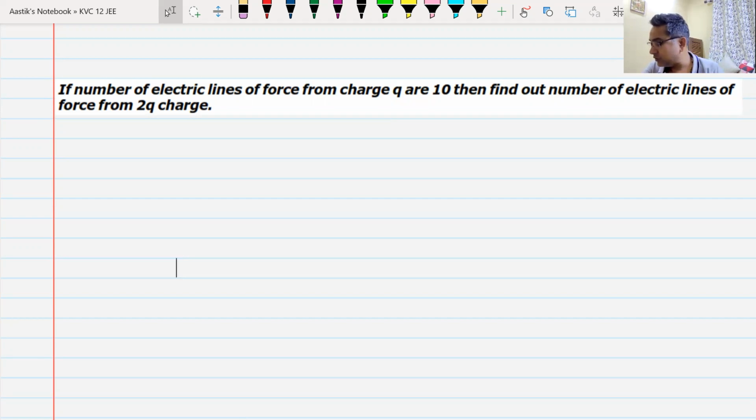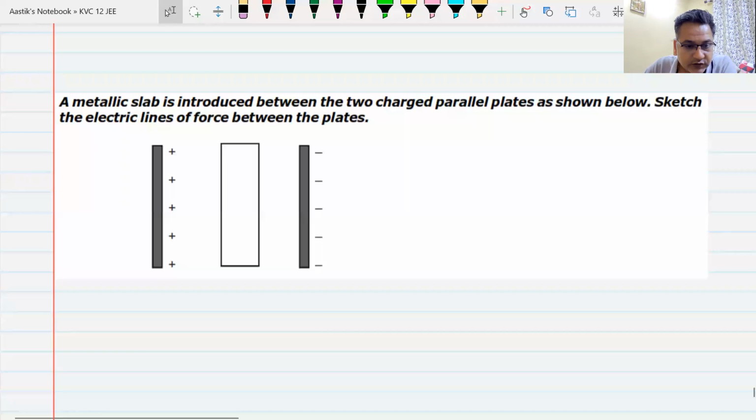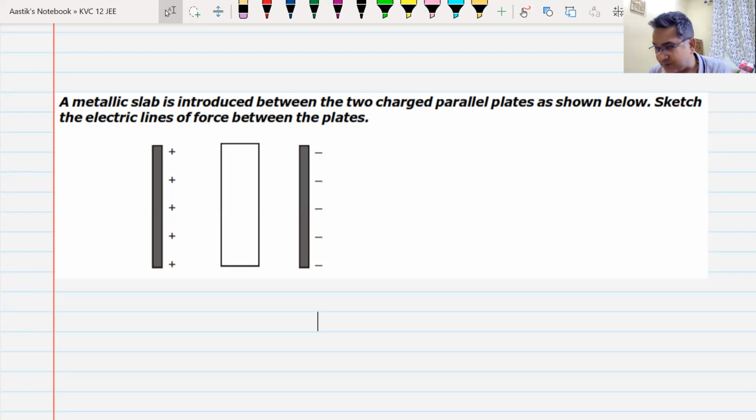In this one you don't have an option, sir. But you can tell me how the electric field lines would be. Here comes the question. A metallic slab, and this metallic slab is going to come pretty soon in the next chapter, is introduced between two charged parallel plates as shown in the figure below.